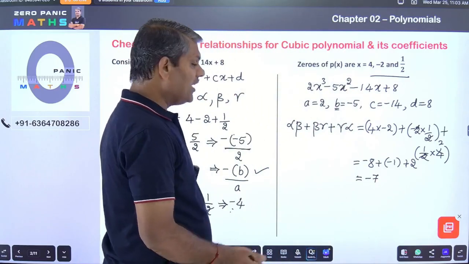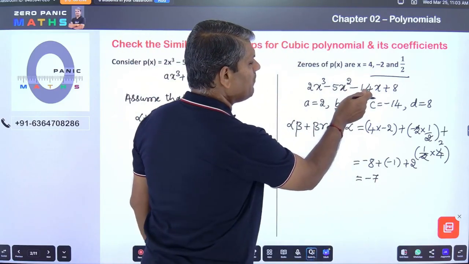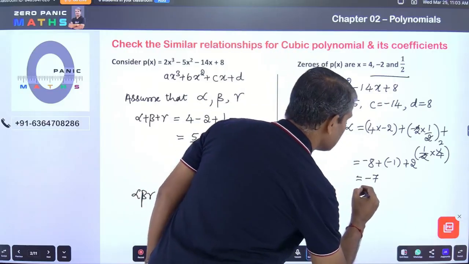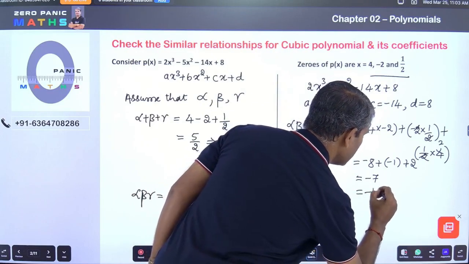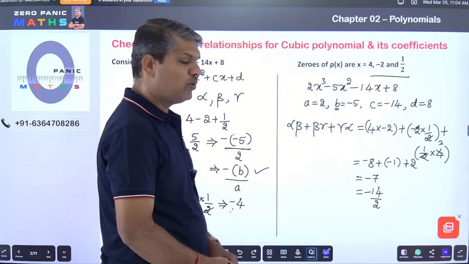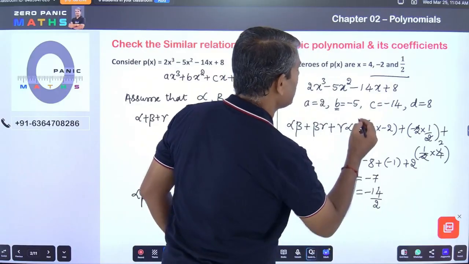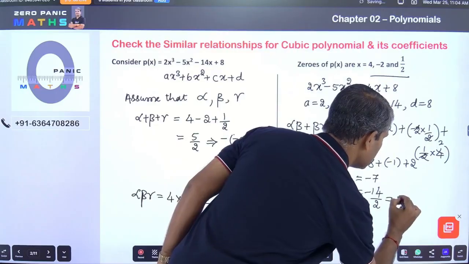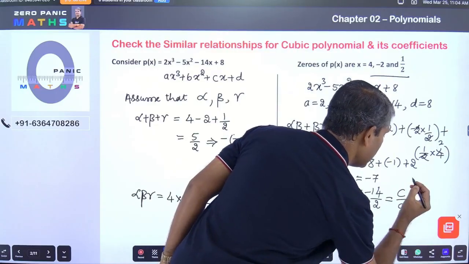Minus 7, can I represent it in the form of c by a? Can I write minus 7 as minus 14 by 2? It is minus 7 only. So minus 14 is our c, and 2 is a.